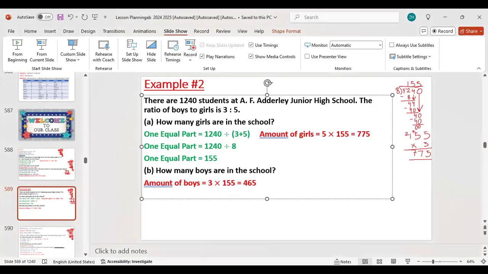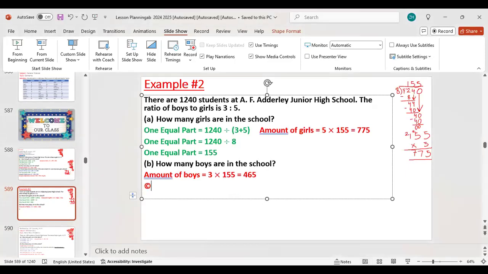Now for part C, the dreaded part C, or the anticipated, depending on who you are. Keep it simple. Let's say 9 more boys entered. Wait, let's not do 9. I'm sorry.